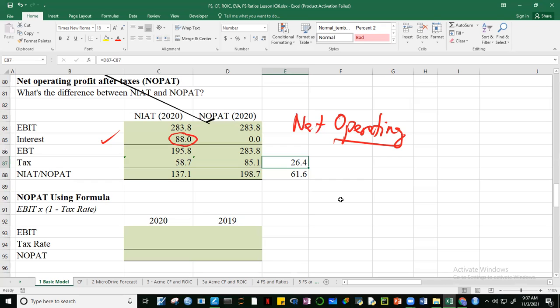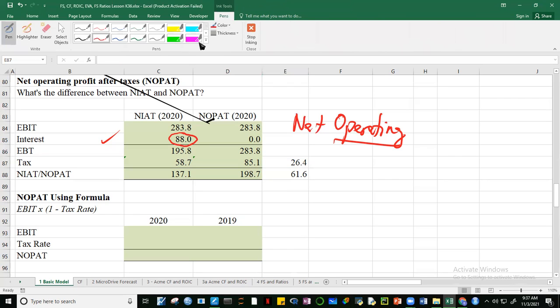In other words, guys, let me illustrate that. So we have this interest, which is 88.0.